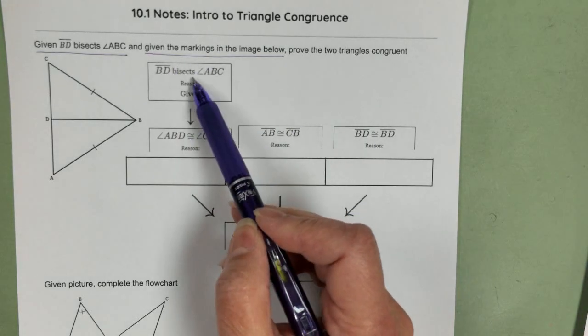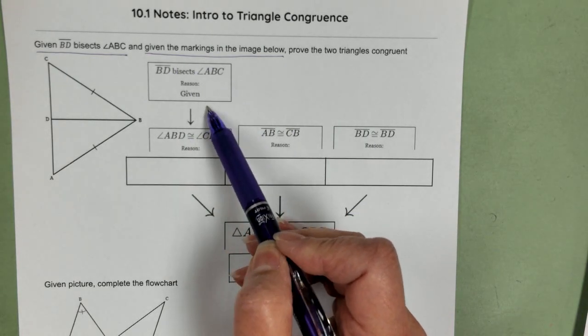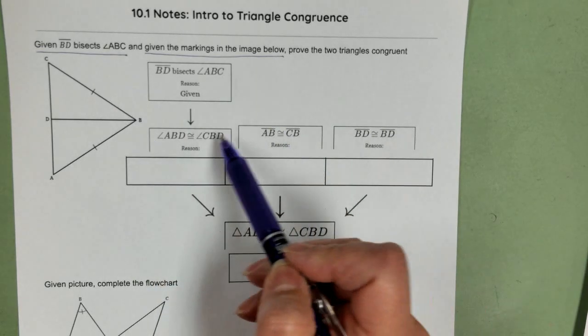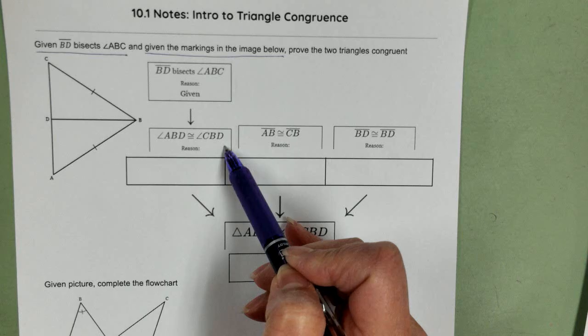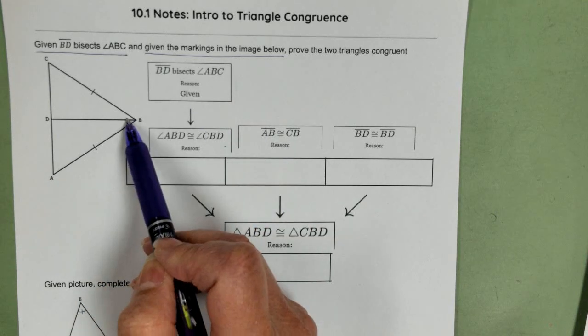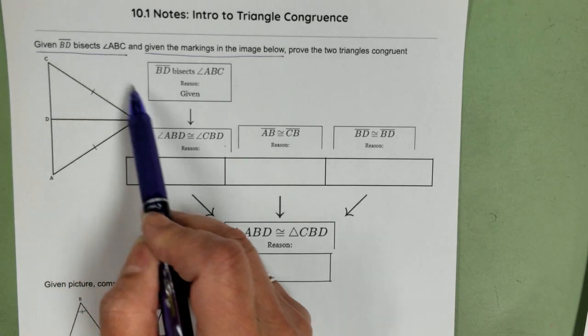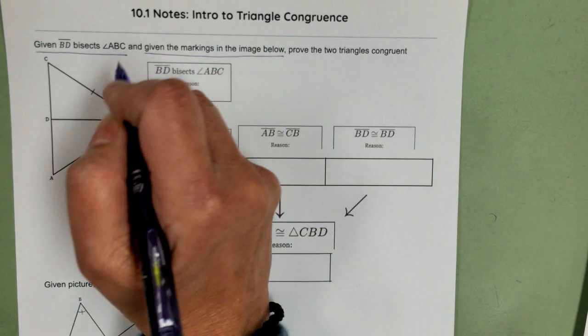So segment BD bisects angle ABC, the reason for that is given. It's right up here. Okay? Now we have a statement. Angle ABD is congruent to angle CBD. And that is true.